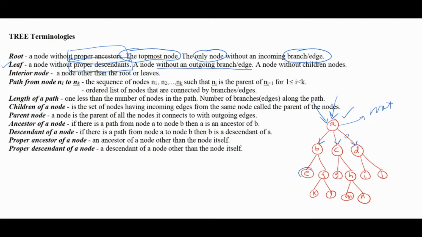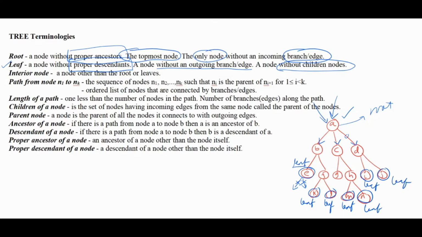So, this node E has no outgoing branches or edges, so this is a leaf. K is also a leaf because it has no outgoing branch or edge, or it's a node without children nodes. L is also a leaf, M is also a leaf, N is also a leaf, and I is also a leaf, and J is also a leaf.